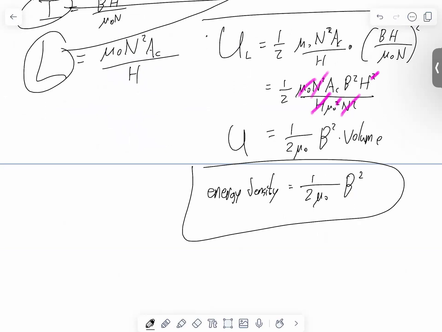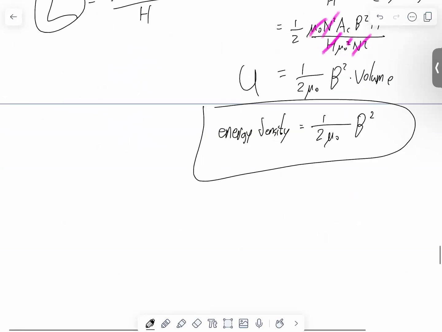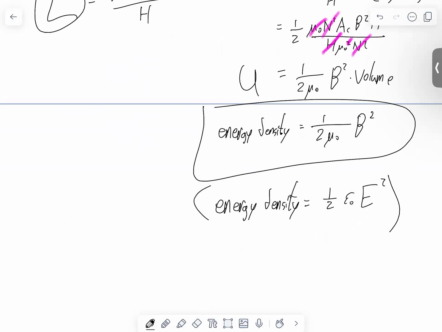Deja vu. Anyone remember when we did this with capacitors? Next week, when we talk about light waves, we're going to see that these connect, the total energy density combined together.